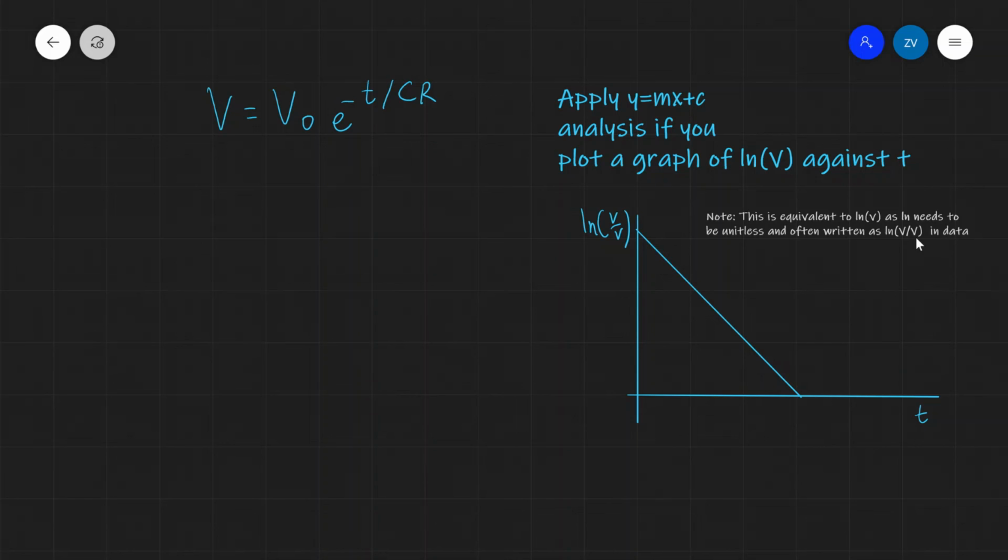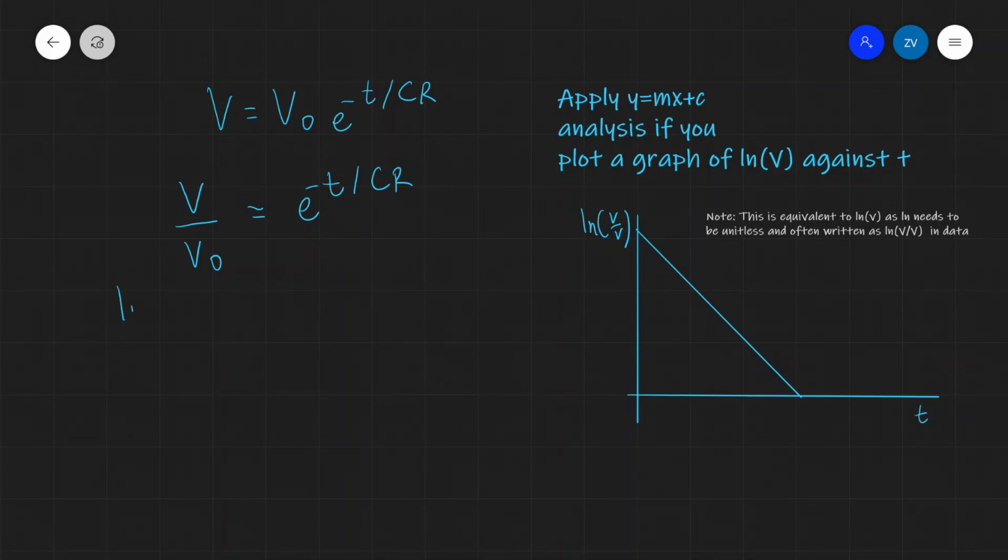Now that we've got this out of the way, let's just apply our normal natural log rules for this question. So first off, I'm going to just put the exponent on one side. So we're going to get v over v naught is equal to e to the minus t over cr. Then I'm going to take the natural log, or the ln of both sides.